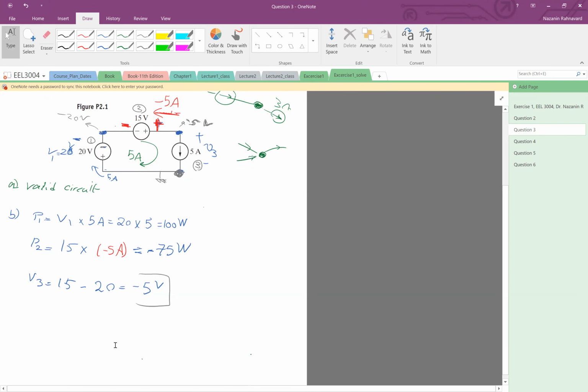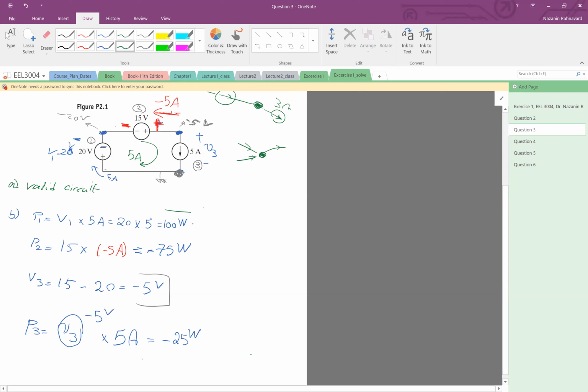And then P3. P3 is plus minus V3, which is negative 5 volts, times the I, which is 5 amps, so minus 25 watts. Very good.